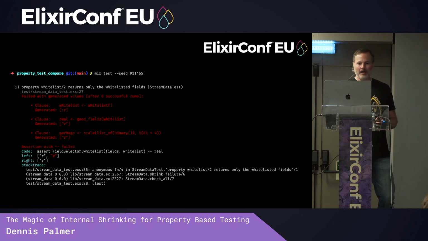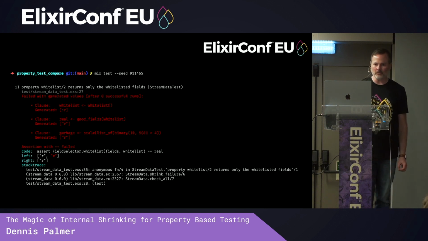So this is that stream data test failing, and it's just the lowercase r example. It was a surprise, but it kind of proved the point from that quote, though trying all the different possible seeds to find a small example would not really be practical.